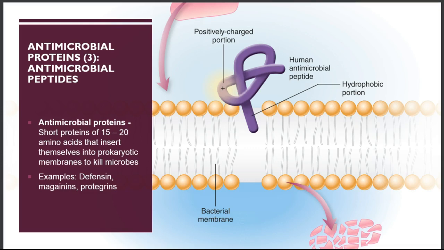You get pores or holes that form within the membrane of those cells, and that leads to lysis. The cell loses control over the selective permeability of the membrane. Substances leak out, substances leak in, and the cell ruptures. There are 3 examples of these antimicrobial peptides: defensins, magainins, and protegrins.